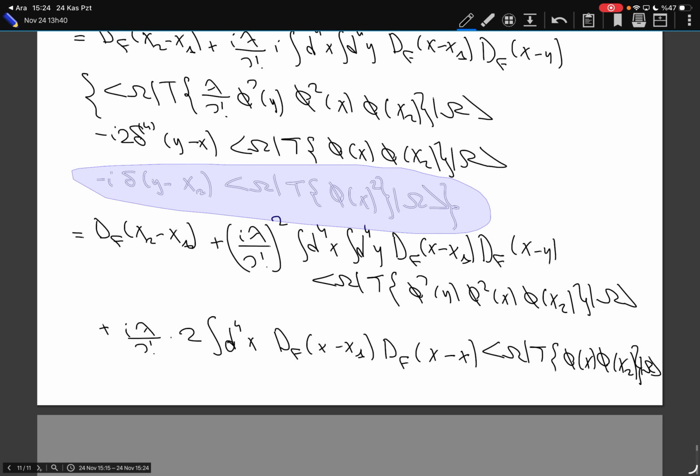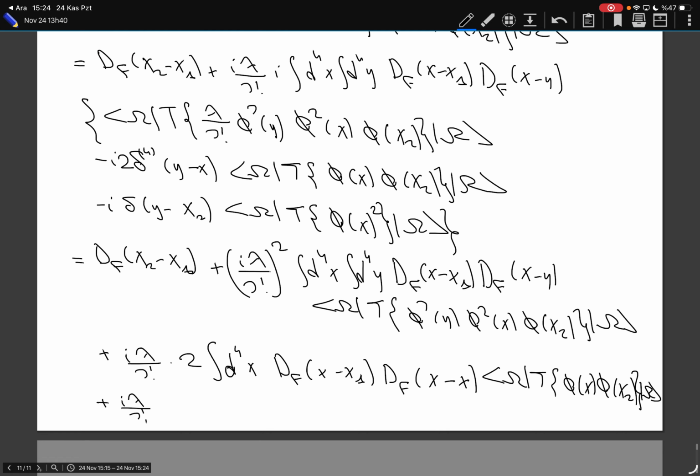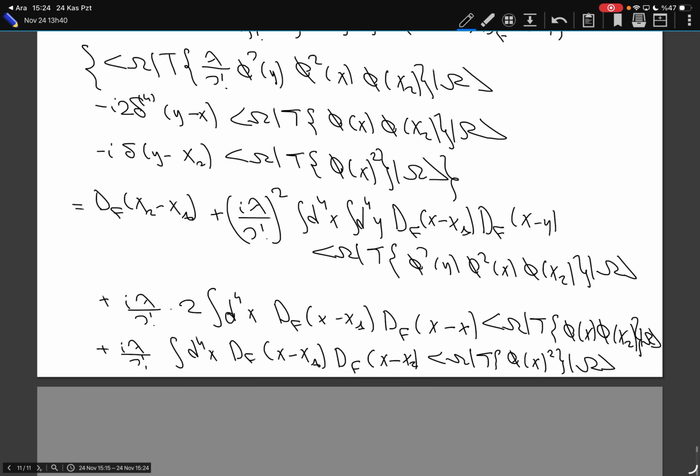Then there's a contribution from this one, which will be plus i λ over 3 factorial. I will integrate again over y. This Dirac delta tells me that instead of y, I should put x₂. I have ∫ d⁴x Δ_F(x minus x₁) Δ_F(x minus x₂), and I have the time ordered product.